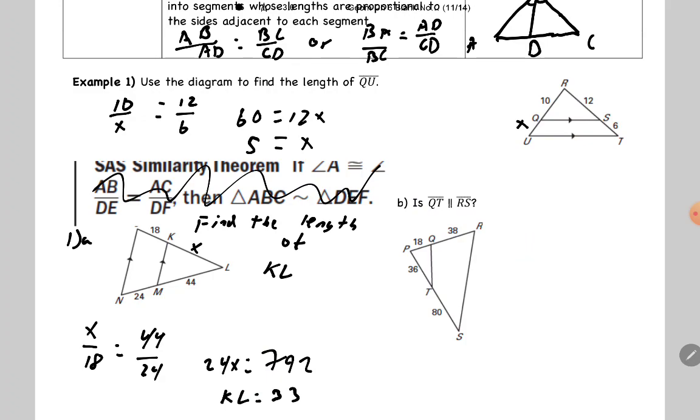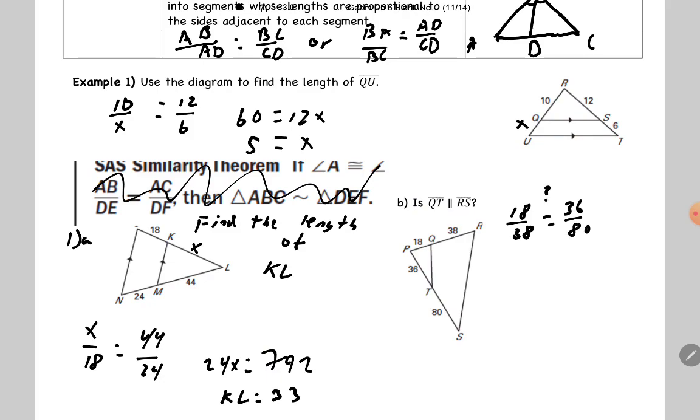So now they ask us, is QT parallel to RS? Now obviously by the picture, if you're just looking at the picture, then you can say no. But we need to prove this mathematically. If they are parallel, that means 18 over 38, the top side, should be equal to the bottom side, 36 over 80.